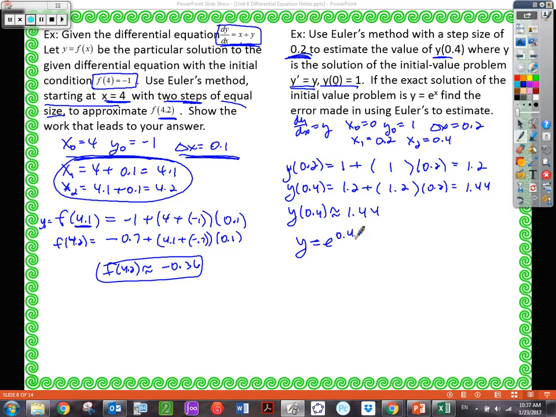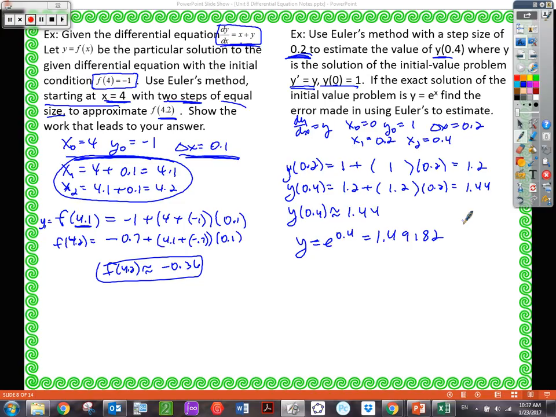I'd put it in for x. So I put that in my calculator, and I get 1.49182. So that is my actual value of that differential equation.